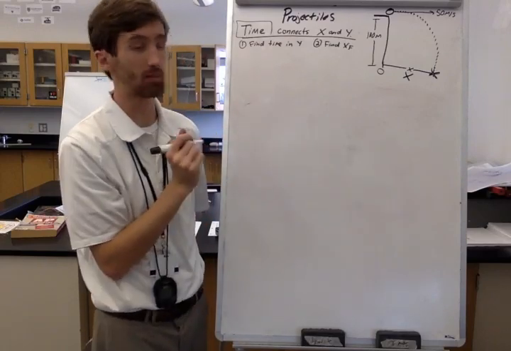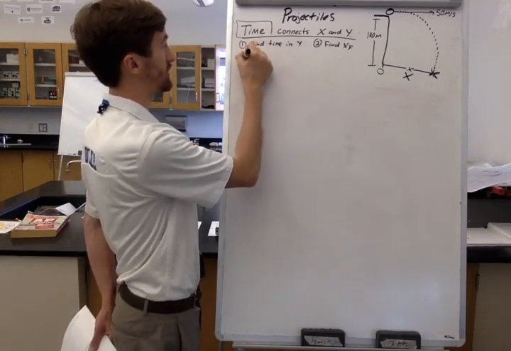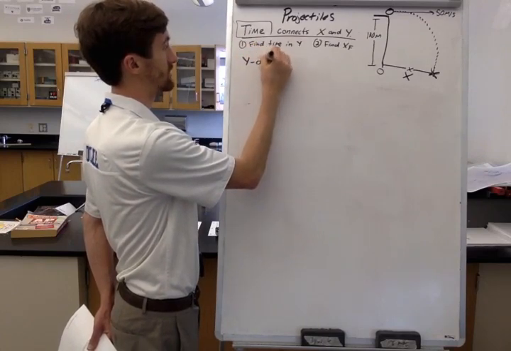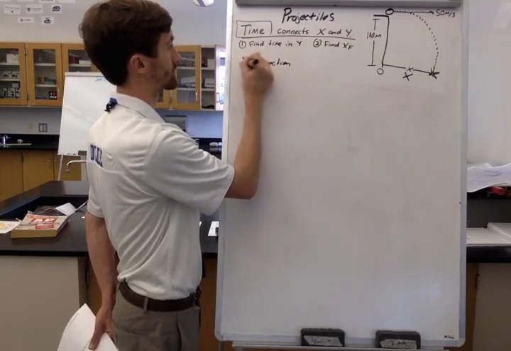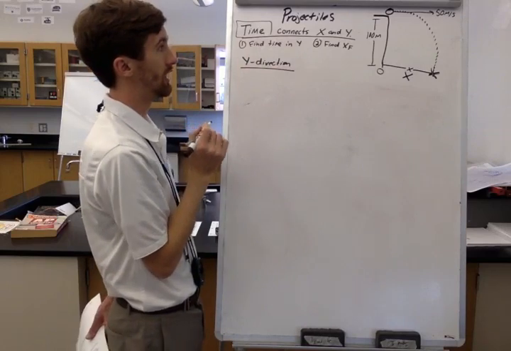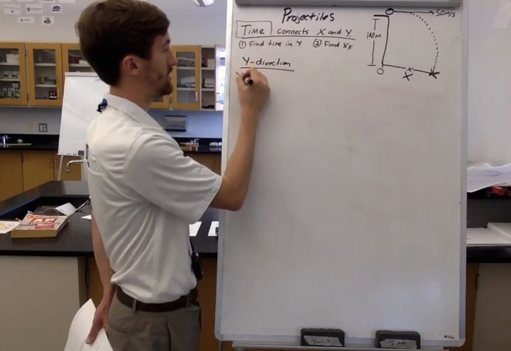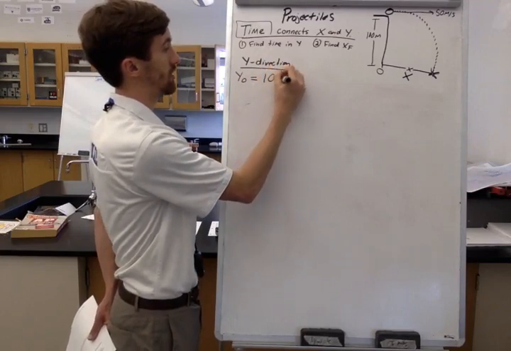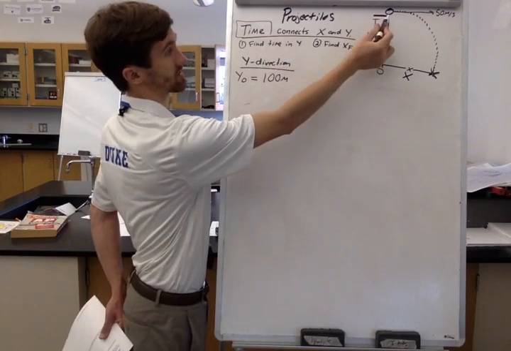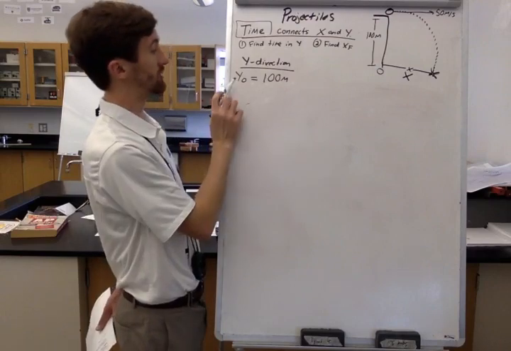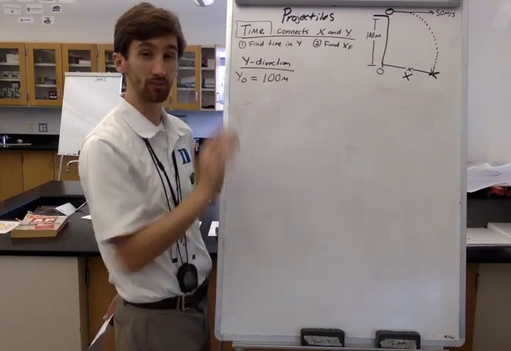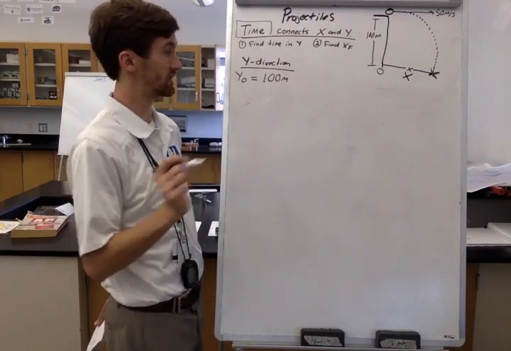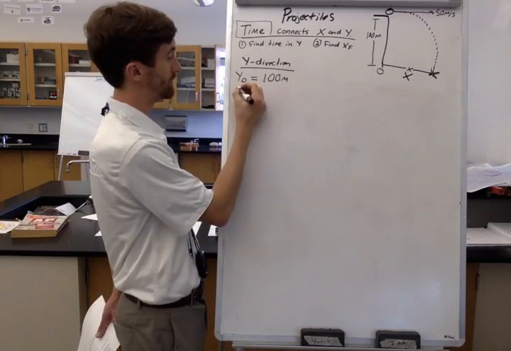So we're going to set up our OK team method in the y direction, and I'm going to start with what I know. I know that my starting position is going to be 100 meters because I'm at the top of the cliff. We've been doing position as x, but since we're going in the y direction here, it becomes y.